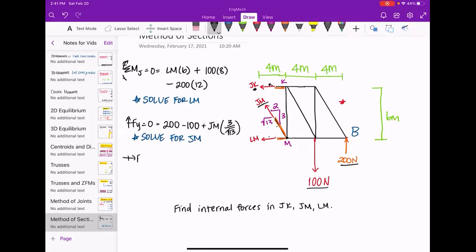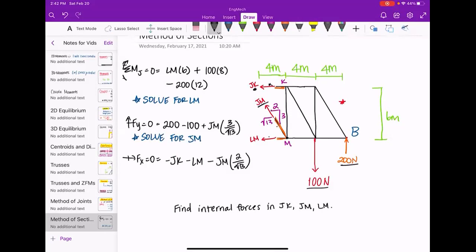So now I can do the sum of the forces in the X direction equals 0. JK is going to the left, so that's negative. LM is going to the left, so that's negative. The X component of JM is going to the left, so that's negative. And then I have to do times 2 over root 13 because there's only a chunk of it going in the X direction.